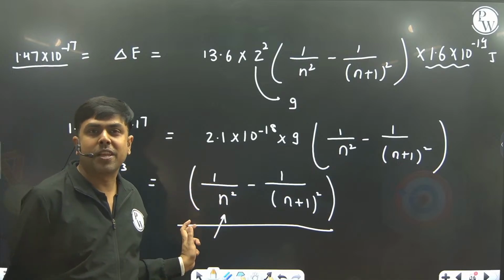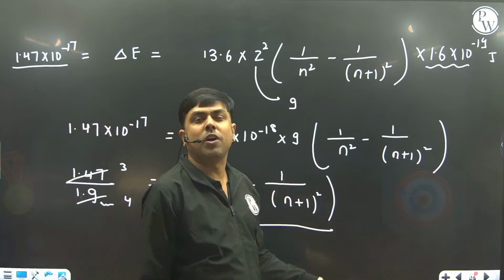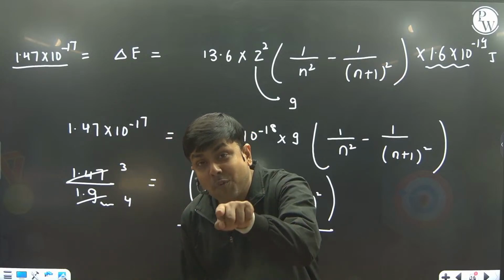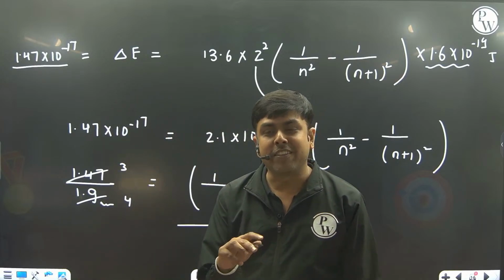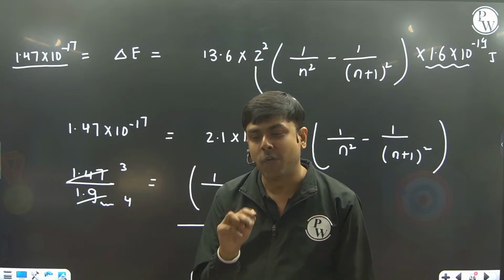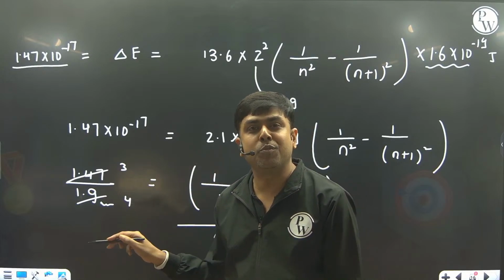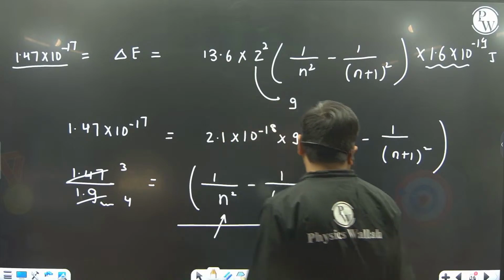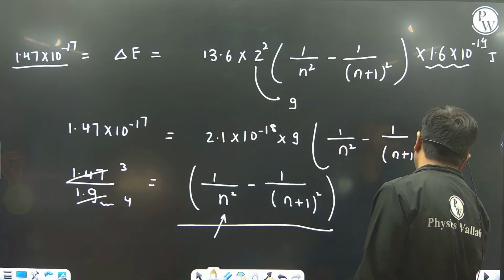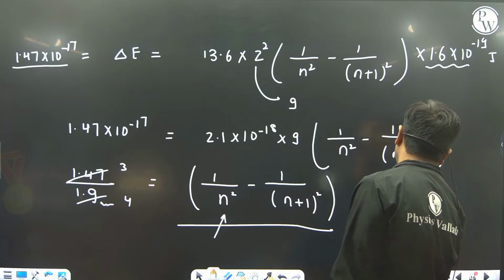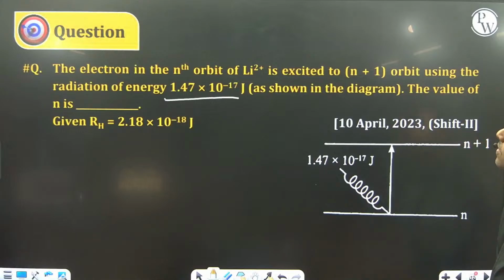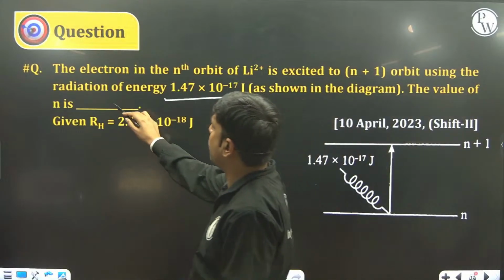So it's nothing but 3 by 4. And this 3 by 4 is 1 by n square minus 1 by n plus 1 whole square, which is only feasible when the transition is from 1 to 2. 1 by 1 square minus 1 by 2 square. It's 1 minus 1 by 4. That's 3 by 4, right? So the value of n will be 1.